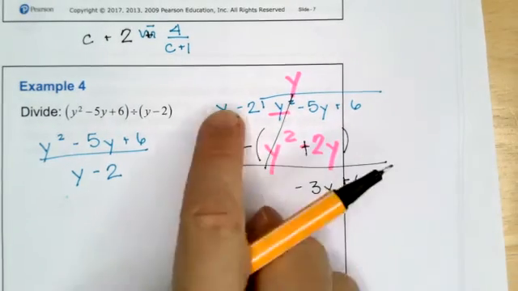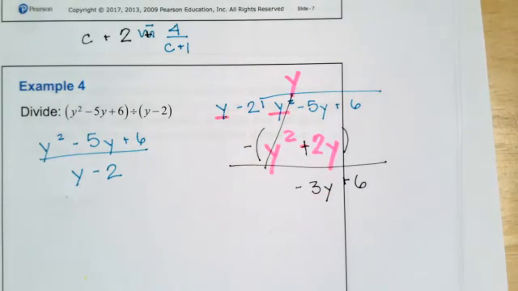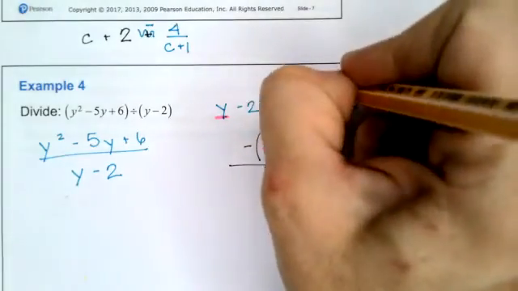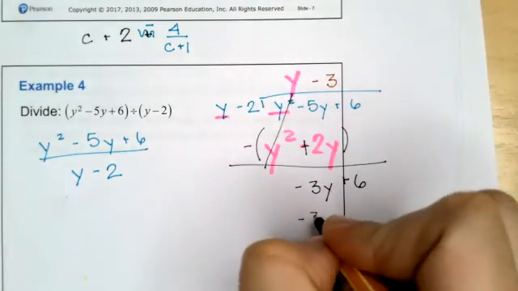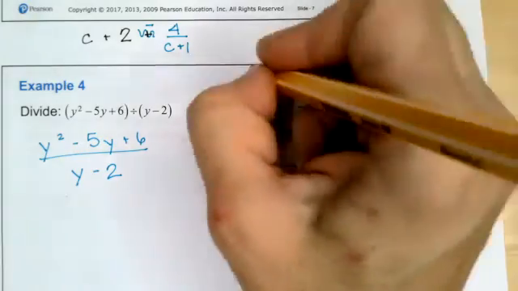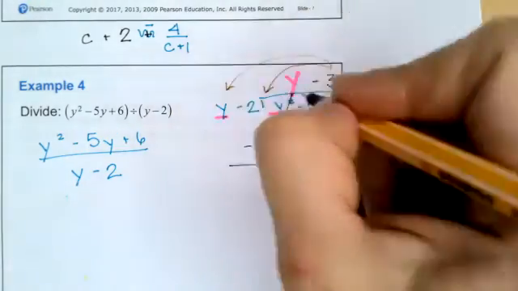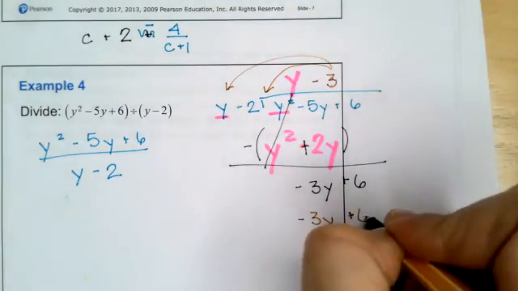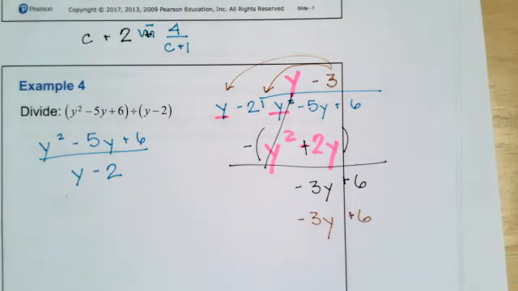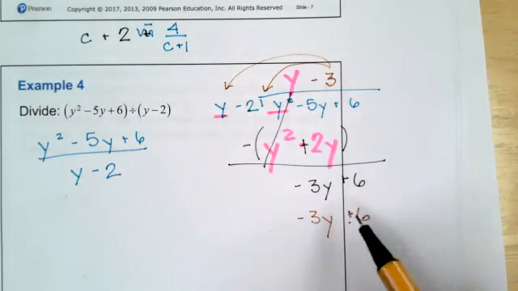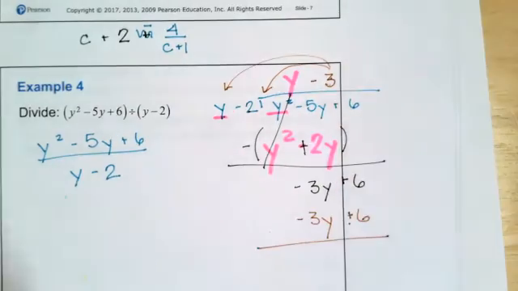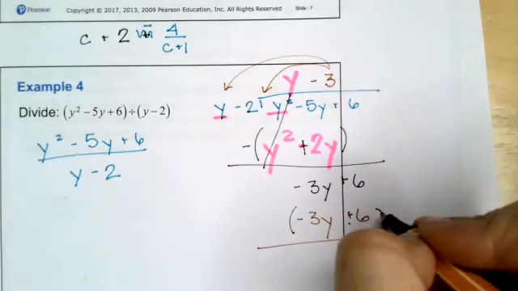Now, -3y into y. What do I need to multiply y by to get a -3y? Just a -3. Negative 3 times y becomes a negative 3y. Then negative 3 times the negative 2 becomes a positive 6. Good. Negative times a negative becomes a positive 6. However, as always, we're subtracting it.